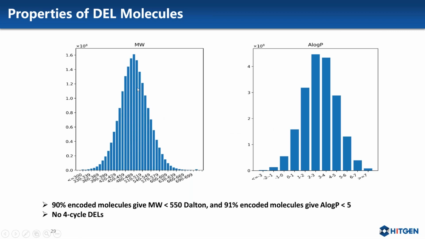You can see that 90% of the encoded molecules have a molecular weight less than 550, and 91% of encoded molecules have an ALogP less than 5. And most importantly, for these OpenDEL collections, there are no 4-cycle DELs. There are only 2-cycle DELs here, to make our DEL molecules as druggable as possible.